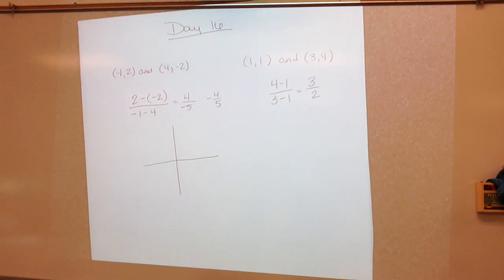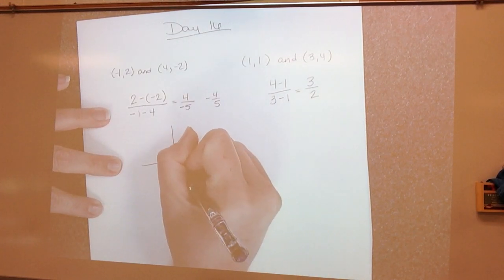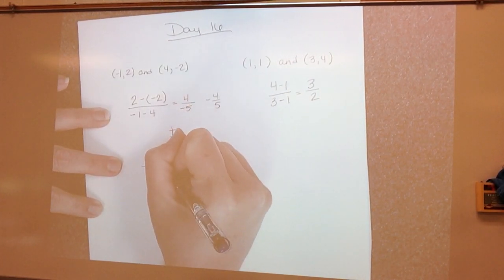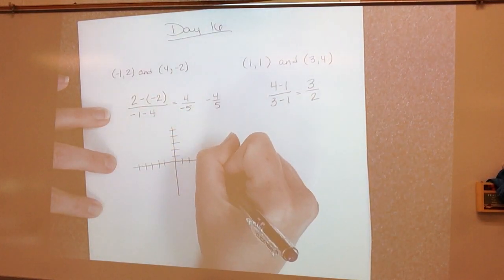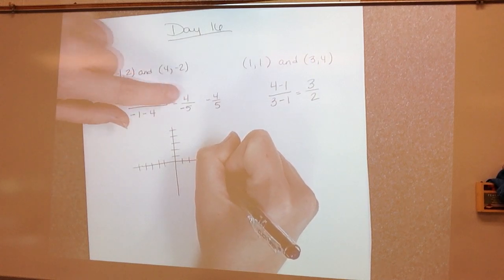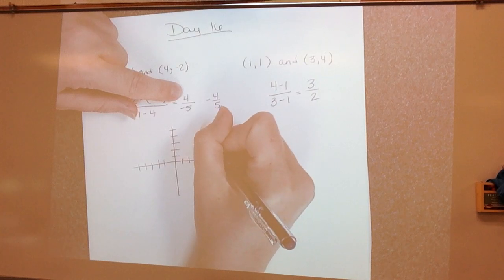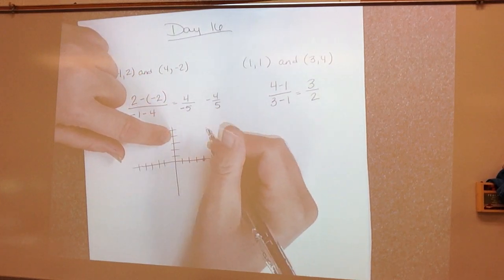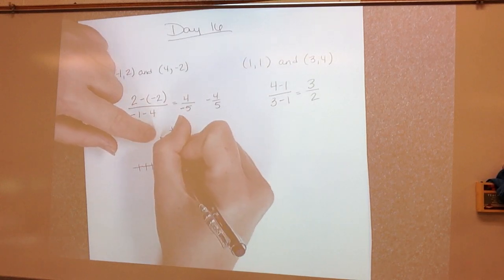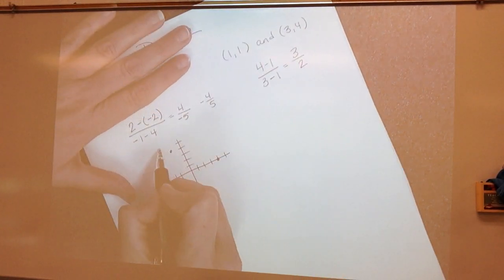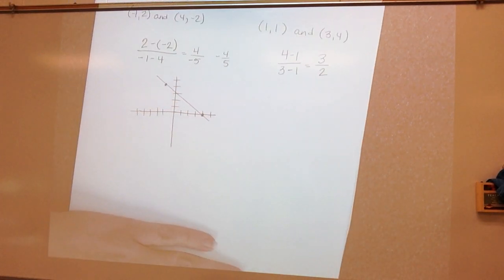So I chose to start here. I go up 4, 1, 2, 3, 4, and over to the right, or I'm sorry, over to the left 5. 1, 2, 3, 4, 5. So it would be here. So my line would look like this. It's going down, so I know it has a negative slope.